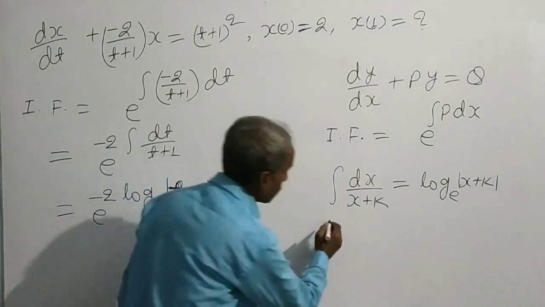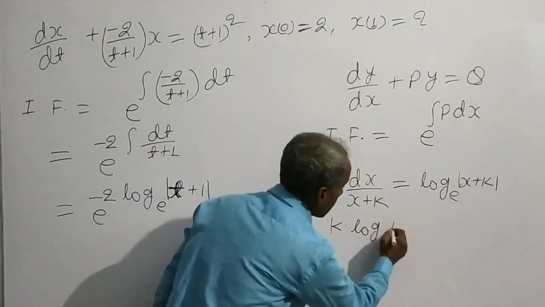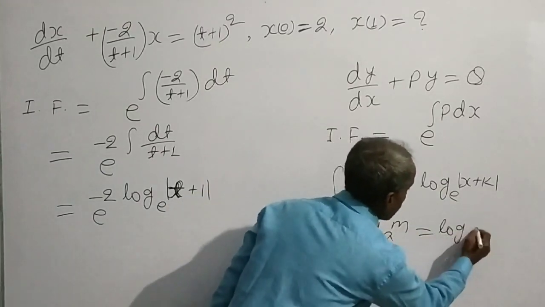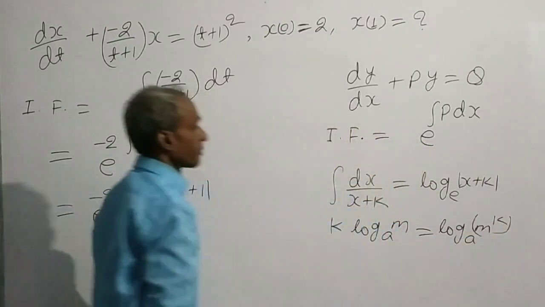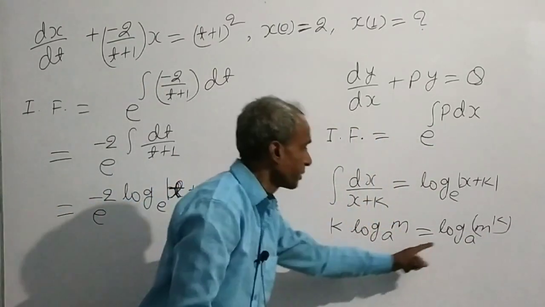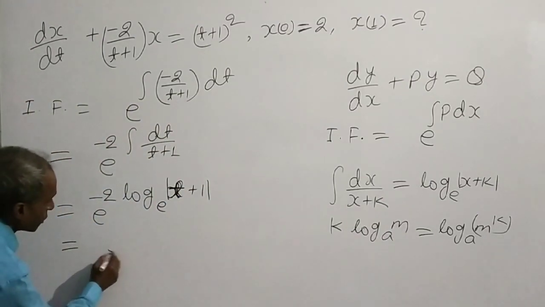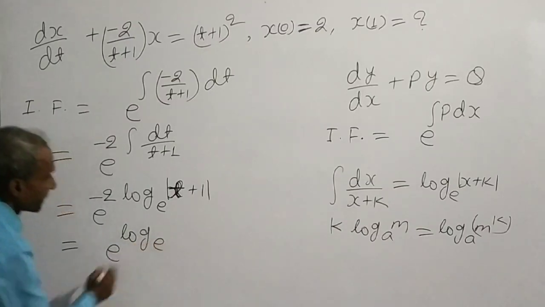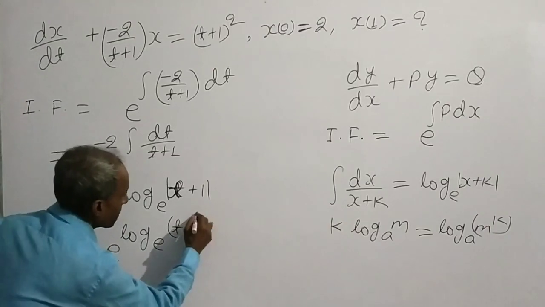Now this is the formula for logarithm, that k log m to the base a is equal to log m to the power k to the base a. By applying this formula, we can write that is equal to e to the power log base e t plus 1 to the power minus 2.